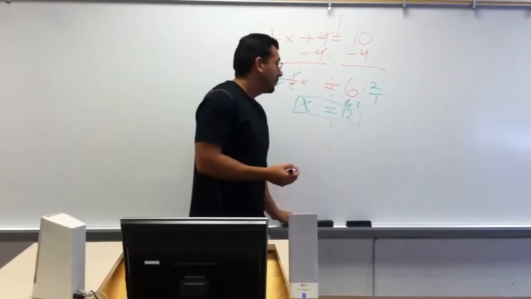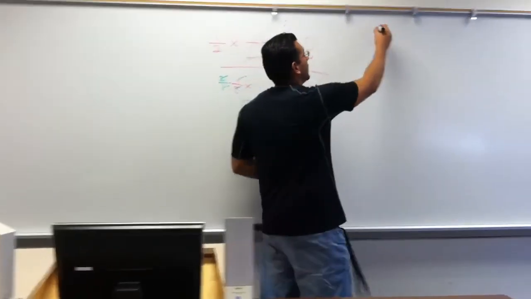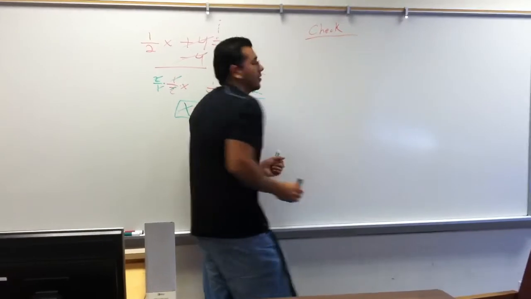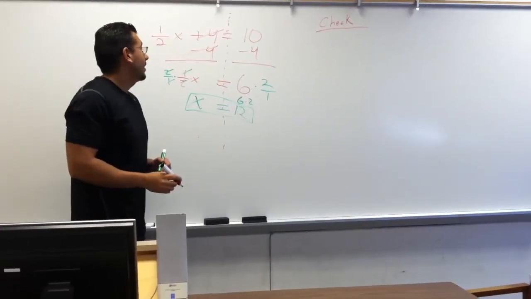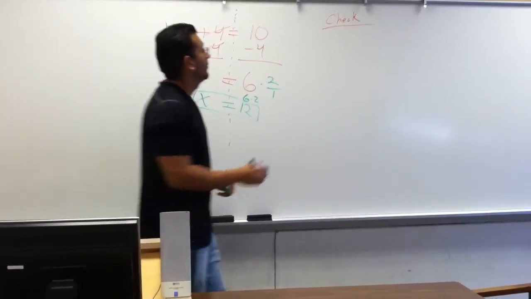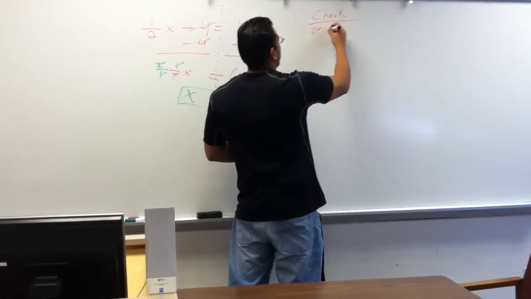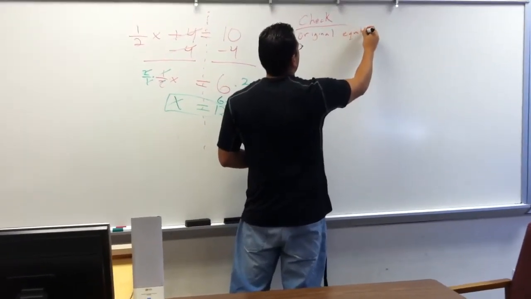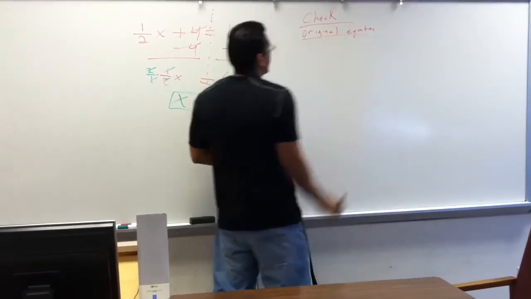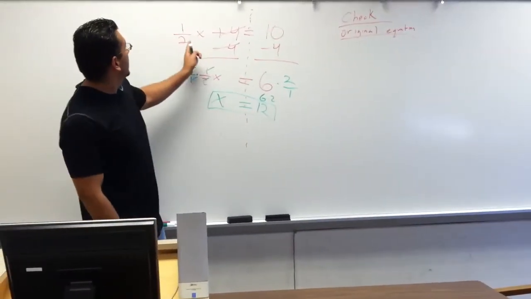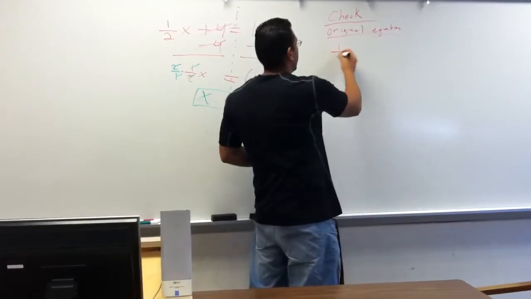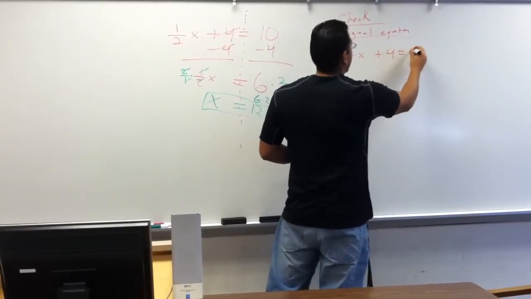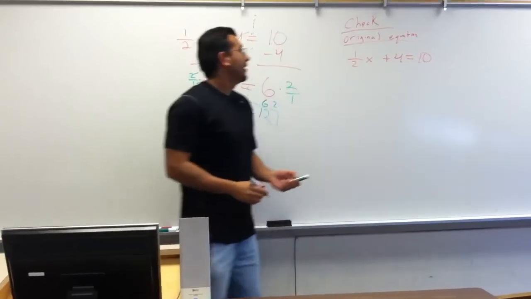Alright, so what do we have to do next? Check. So let's go ahead and check our work here. We start with our original equation. So there's our original equation. There it is. So we got 1/2 x plus 4 equals 10.